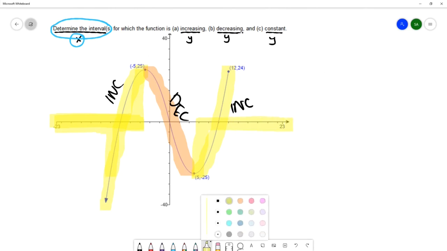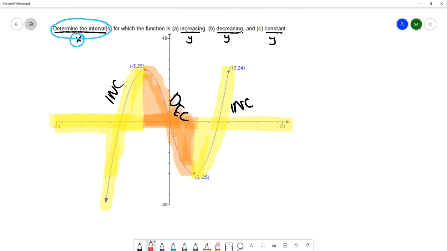And these intervals represent where the y values are decreasing. So I can use this x scale to mark out the intervals of increasing and decreasing.